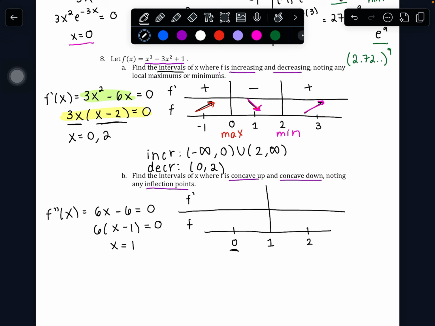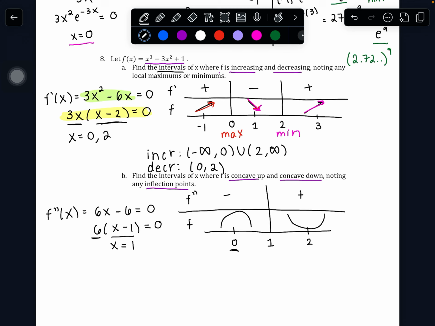If I plug 0 into my second derivative, I'm going to have positive times a negative. So I'm negative. Sorry, that's a double prime. If I plug 2 in, I'm going to have positive times positive. So I'm positive. So we're concave down here, and then we're concave up here.